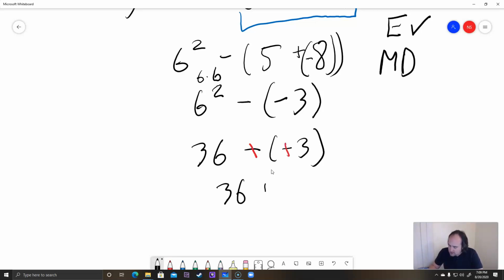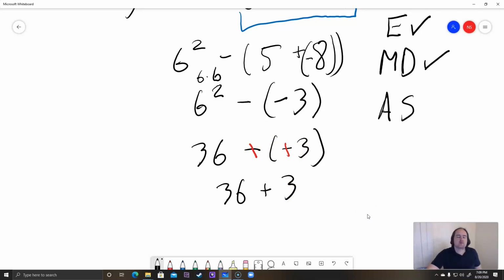So we get 36 plus 3. All right, so that takes care of our multiplication and division. It's considered multiplication here because this is technically negative 1, even though they didn't write it. So it's negative 1 times negative 3. And that gives you positive 3. So now we're on to our last step, which is addition and subtraction.